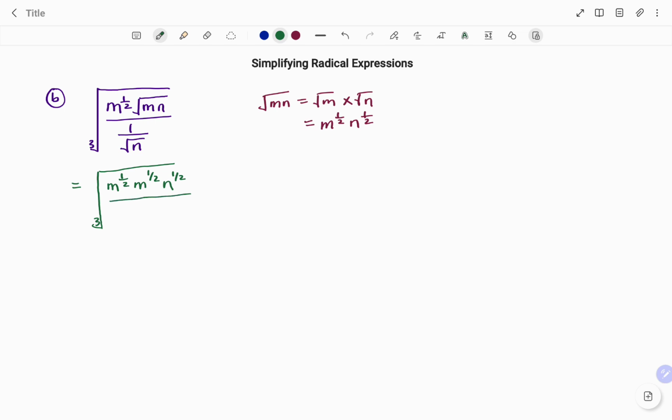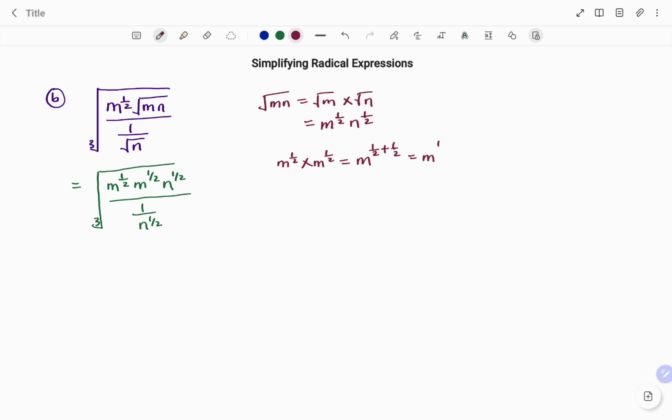Divided by, I'm going to change the n at the bottom to 1 over n to the power of 1 over 2. Applying the laws of exponents, if I have the same base multiplying each other, then I'm going to add my powers. That will be half plus half, and that will give us m to the power of 1.